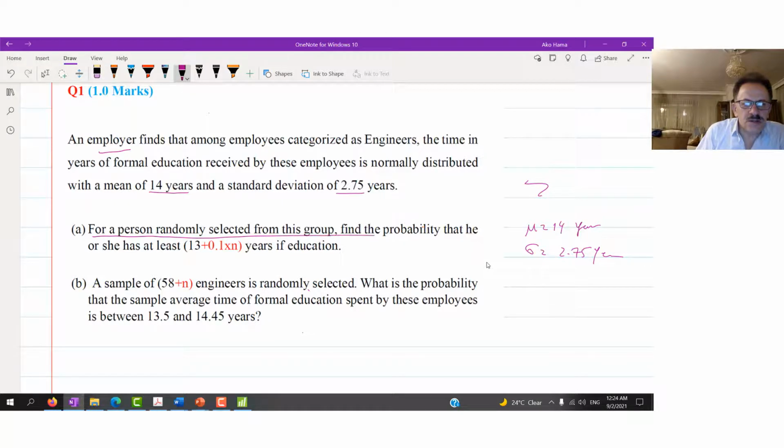So what is required for a person randomly selected from the group? Find the probability that he or she has at least 13 years. I mean by this 13.